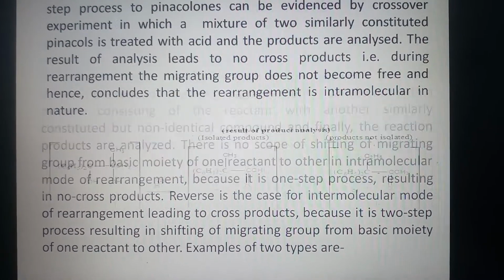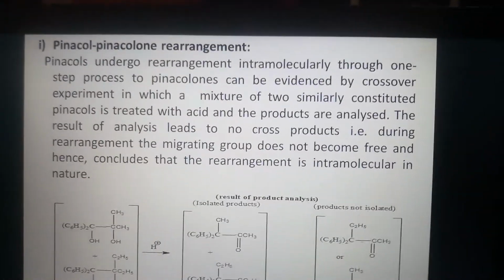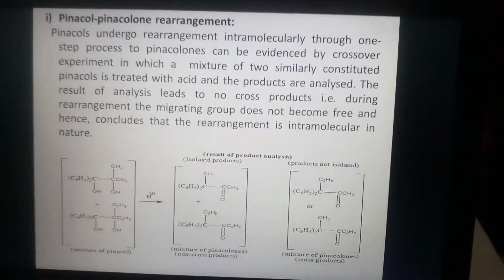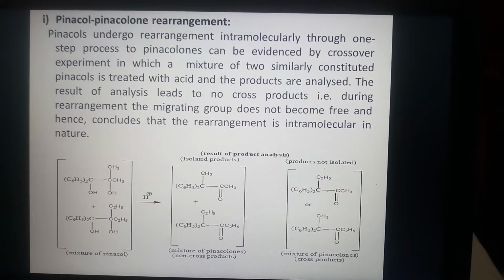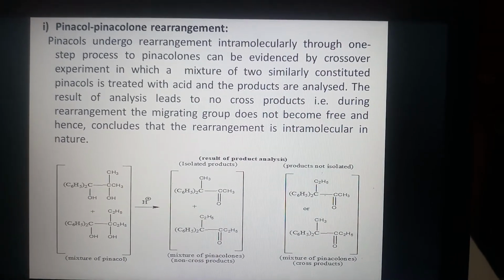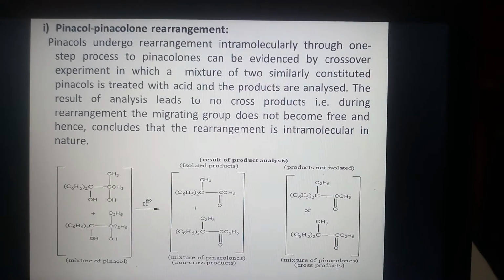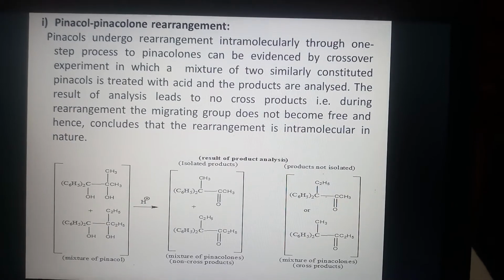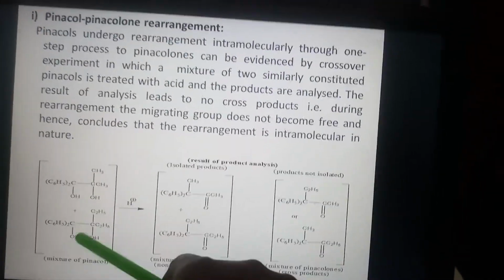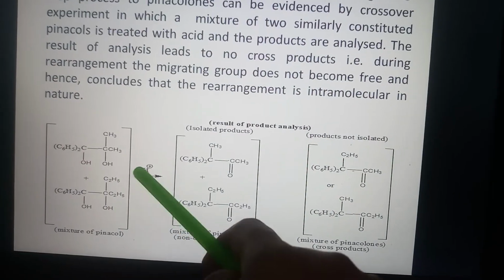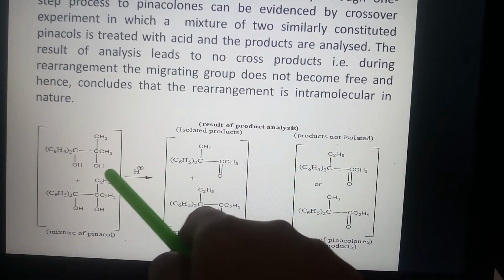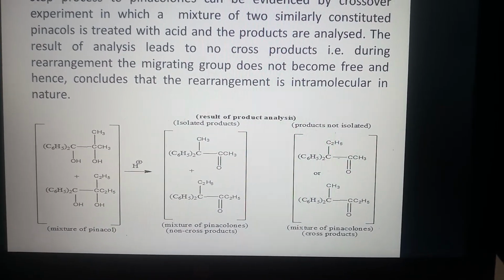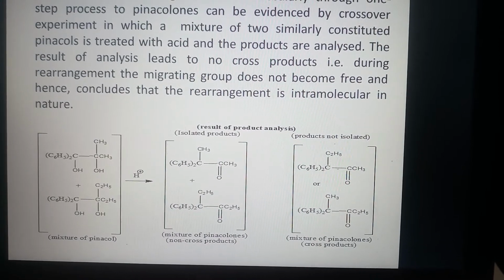Examples of the two types are like that. The first one is the pinacol-pinacolone rearrangement. Pinacols undergo rearrangement intramolecularly through a one-step process to pinacolones. This can be evidenced by a crossover experiment, in which a mixture of two similarly constituted pinacols, as you have seen, they are similar, only here methyl is substituted by ethyl, are treated with acid and the products are analyzed.